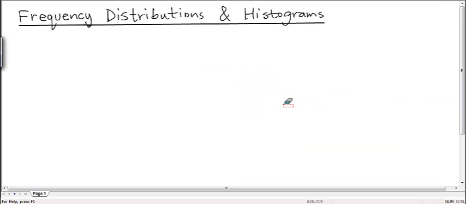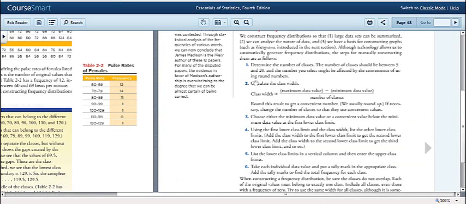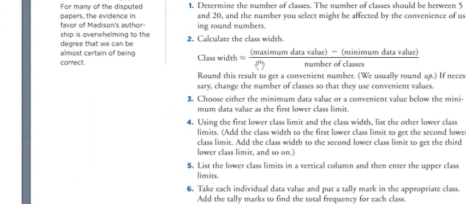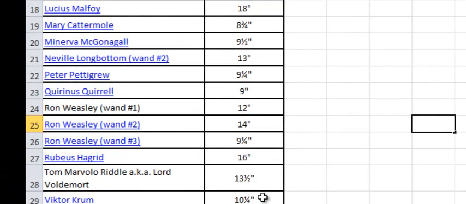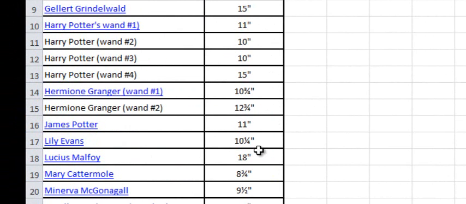The first thing you want to do is calculate the class width. You take your maximum data value minus the minimum data value, divided by the number of classes. In my data set, the minimum is 8 3/4, and the maximum is 18.